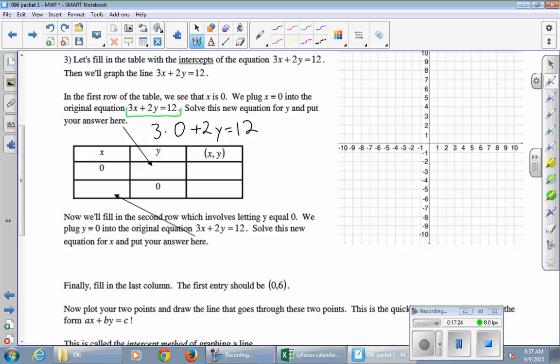Where did the 0 come from? You can pick any number you want. We're just going to plot 2 points, right? That's all you need for a straight line. And one of the points we're going to plot will be when x equals 0. So 3 times 0 is 0, so we don't need to write that part. So this becomes 2y equals 12, which means y equals 6.